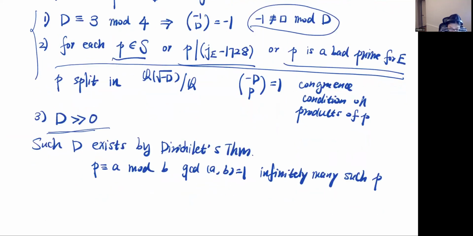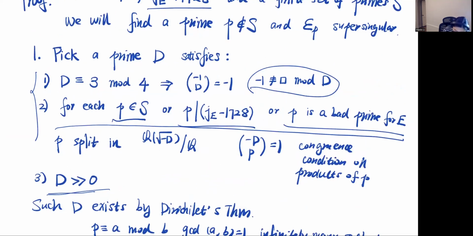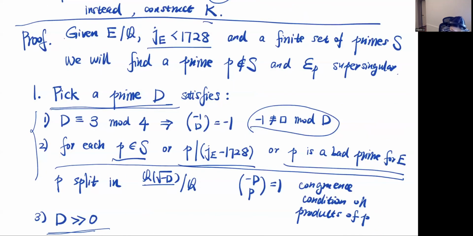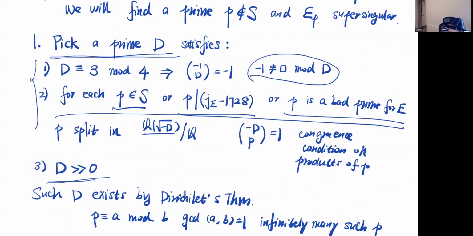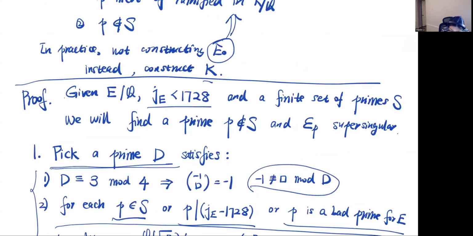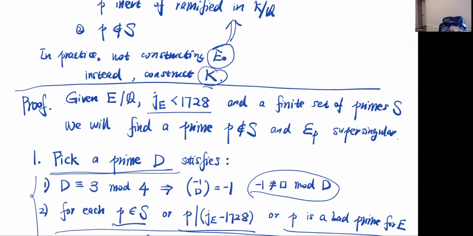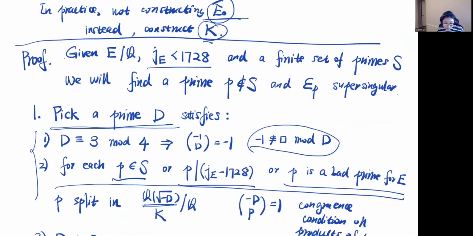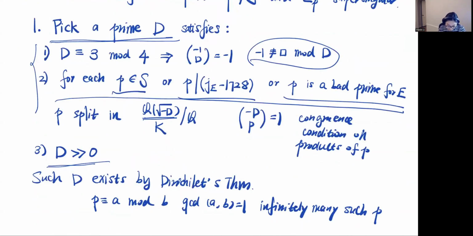So step 1 is to pick a prime capital D. And actually, the imaginary quadratic field which I was talking about trying to construct will be our K. We're going to argue that if K is constructed this way, then it guarantees the existence of a CM E naught, as we desire.